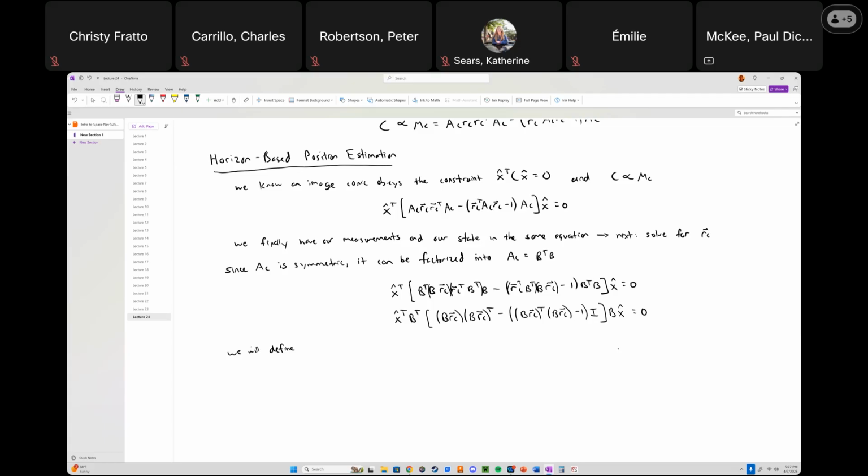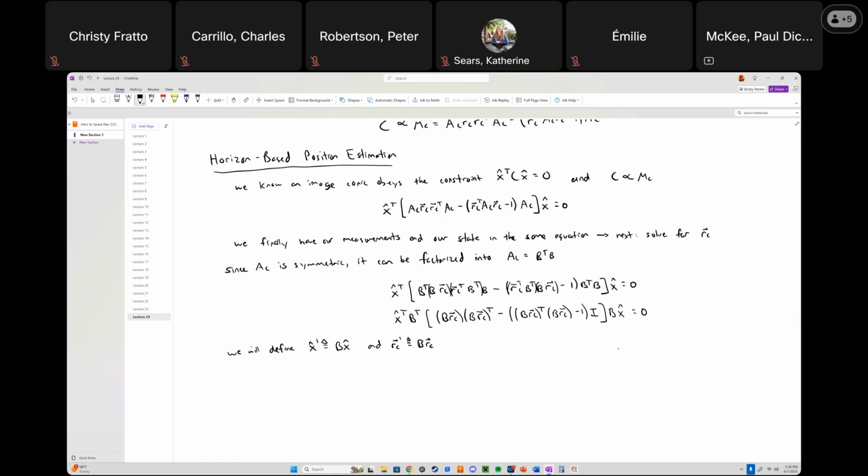We just know that B transpose B is AC, so it can be found by factorization. Let's say that X hat prime is BX hat. I guess this needs a little triangle if it's defined as. And then similarly, RC prime is defined as BRC.